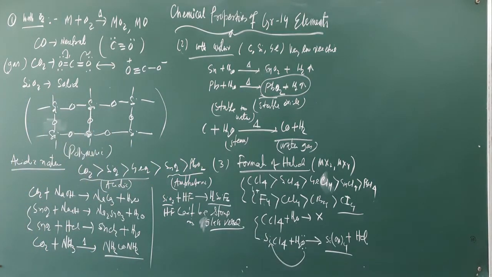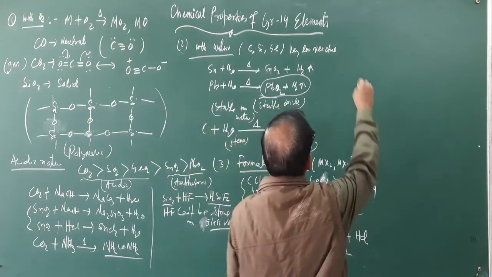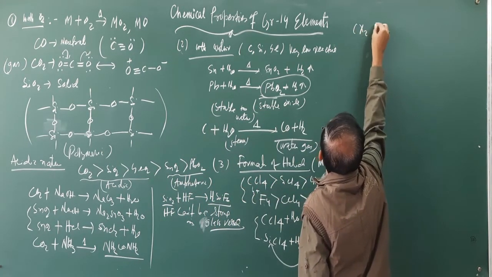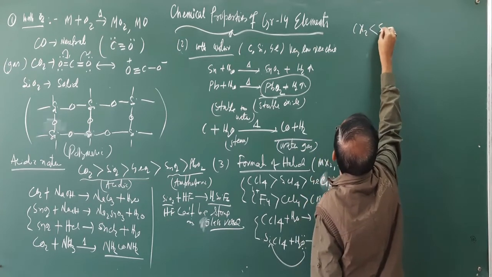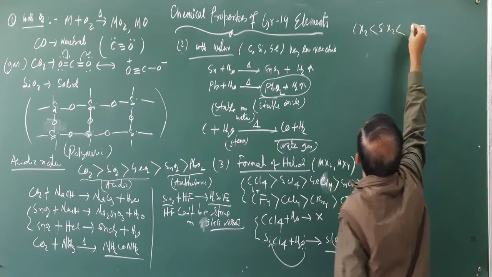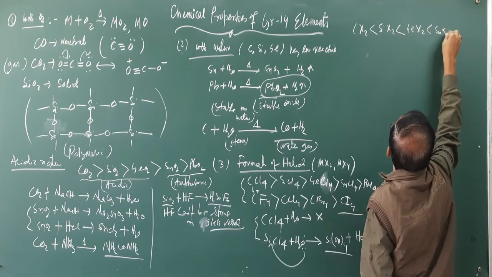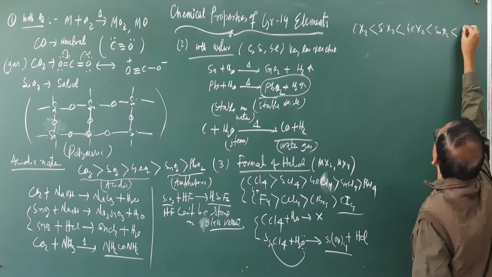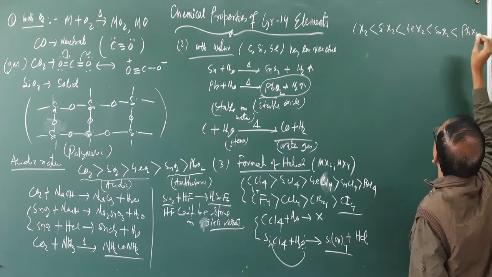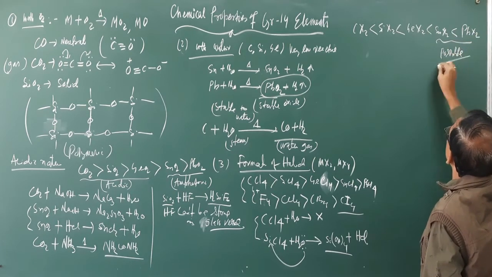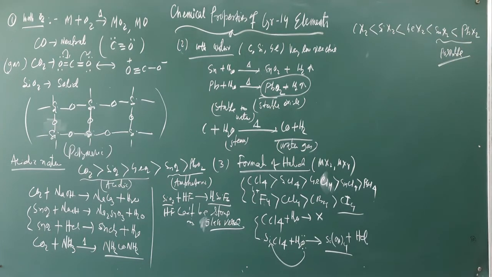Then the stability of dihalides: CX2 is very less stable, then SiX2, then GeX2, then SnX2, then PbX2. Generally this is possible due to inert pair effect. Due to inert pair effect, lower valency is more stable.